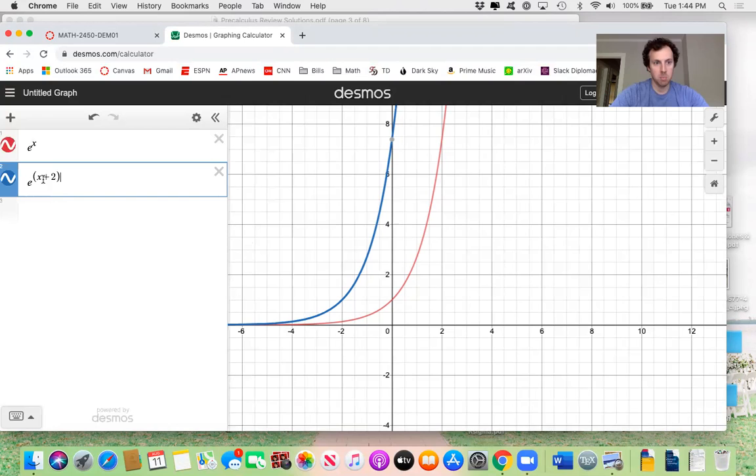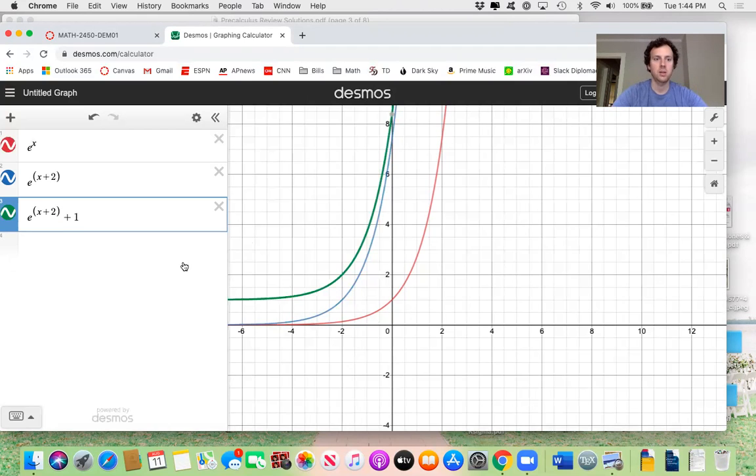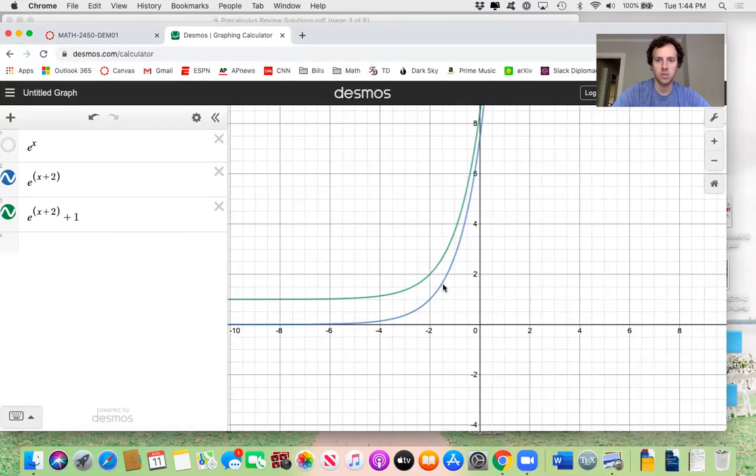So here, this plus 2 takes that basic shape and moves everything left by 2. And then the last part, where there was also e to the x plus 2, and then plus 1, this one takes e to the x plus 2 and then moves everything up by 1. So that's how those problems are supposed to go.